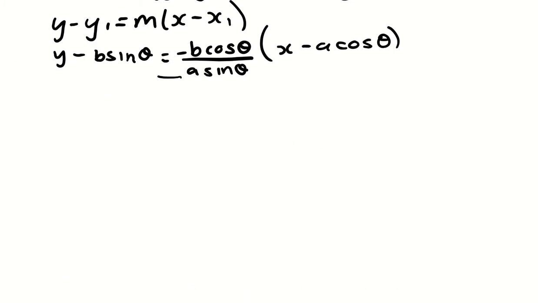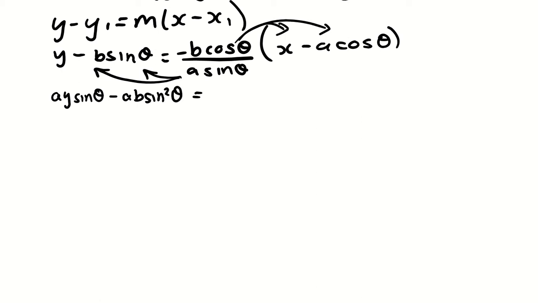Alright, once again, if you have a denominator, times it over the other side. So I'm going to have ay sine theta minus ab sine squared theta is equal to, expand this out also, minus bx cos theta plus ab cos squared theta.